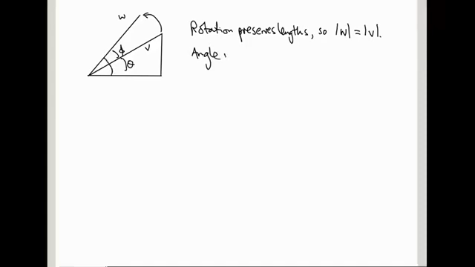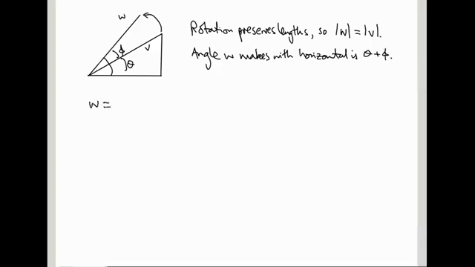So the angle that w makes with the horizontal is theta plus phi. So actually we know what w is.